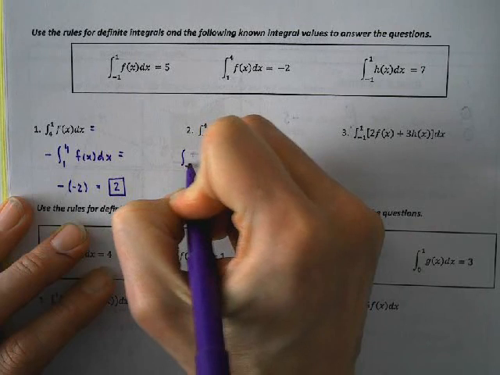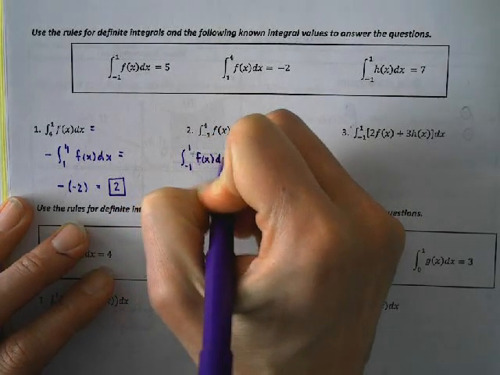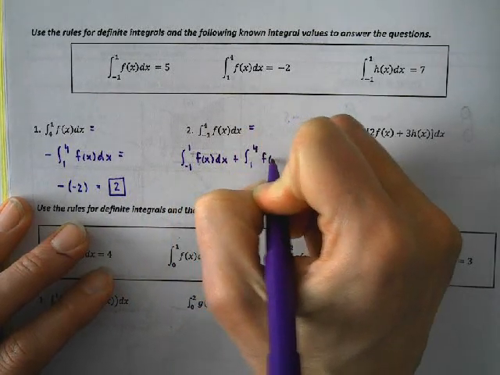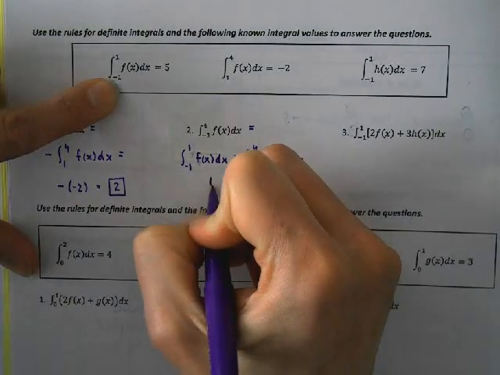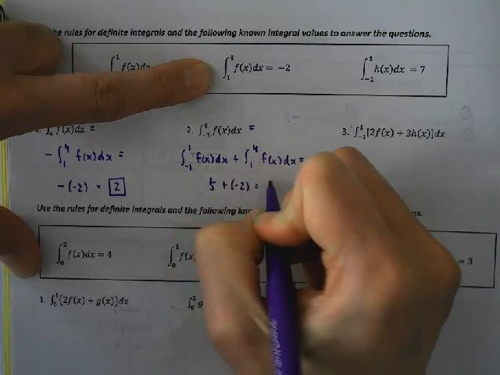So this is the same as the integral from negative 1 to 1 of f of x dx plus the integral from 1 to 4 of f of x dx. Now I know both of those values. I have 5 plus a negative 2, and so I get 3.